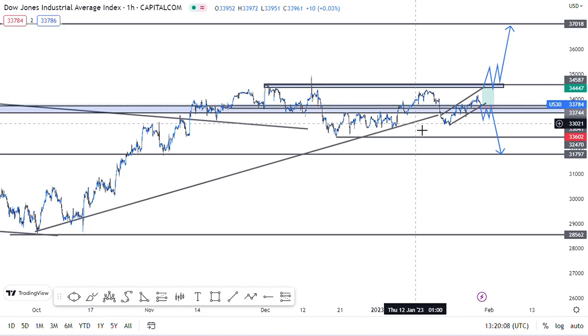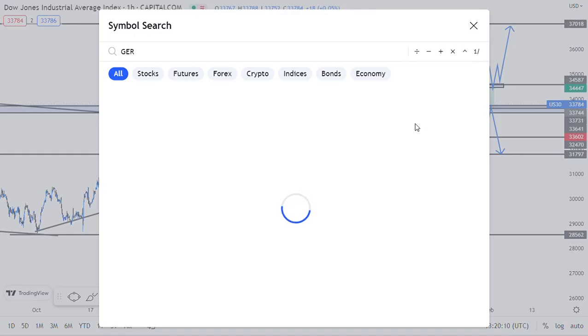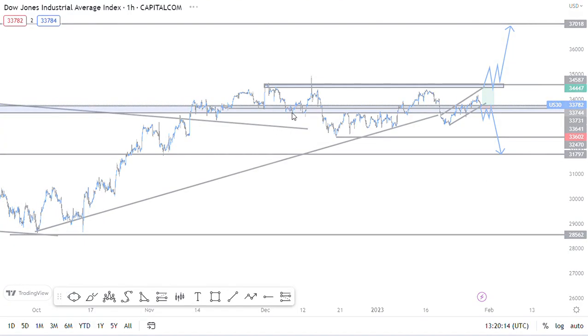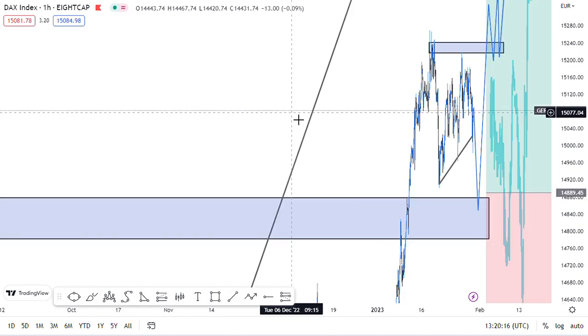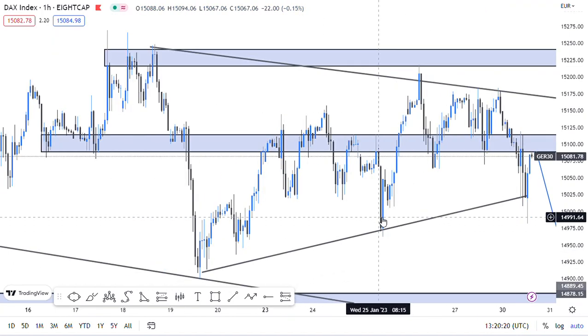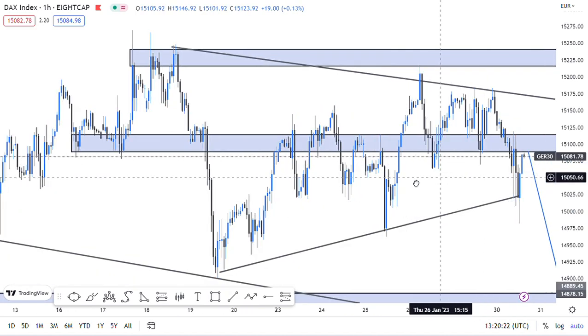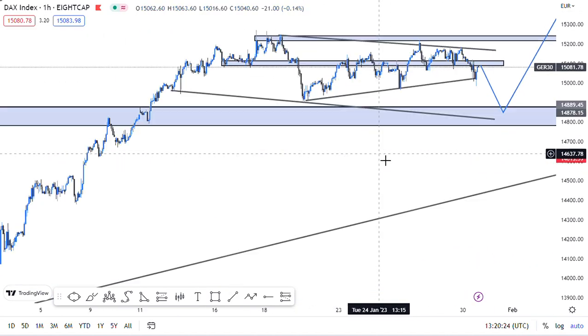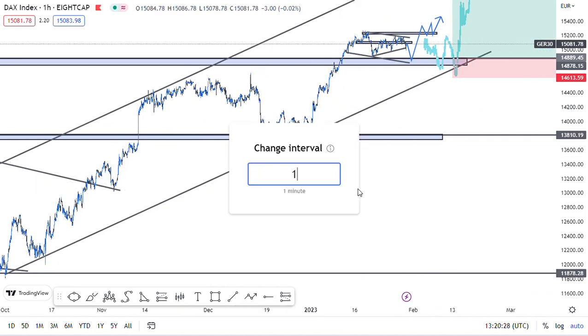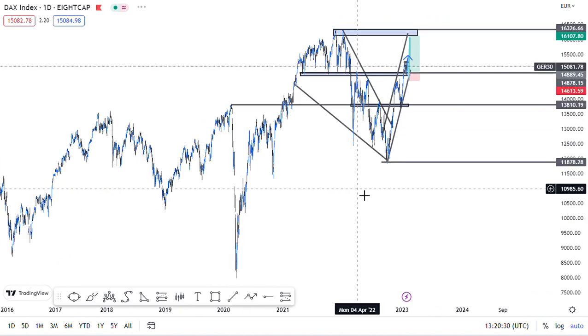Now we go to GER30. Okay, GER30, I've already analyzed it. Let me just start it on the daily time frame.